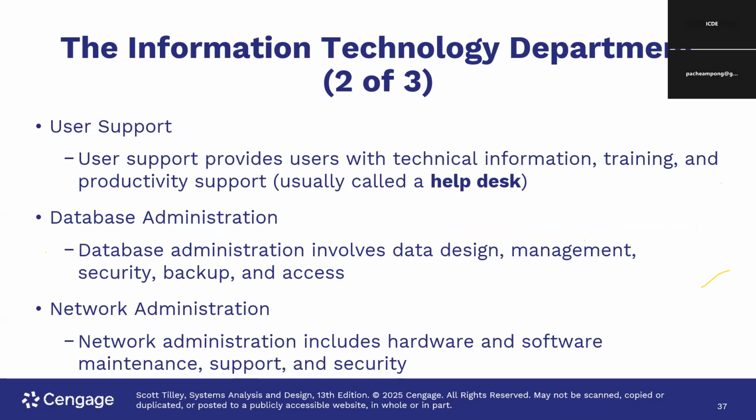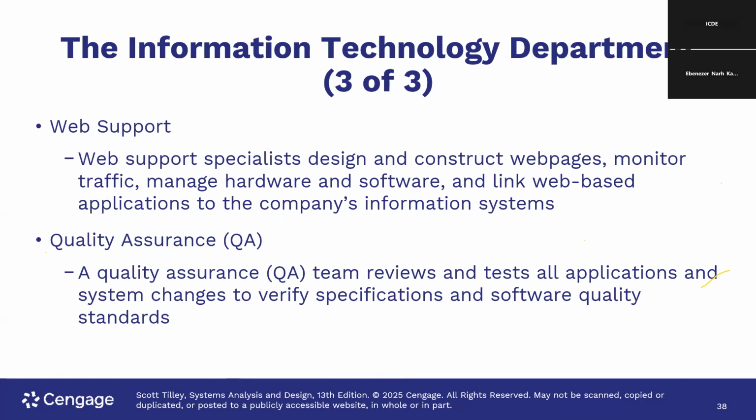We have the database administration. They do the data design, management, security, backup, and all of that. We have the network administration. All these are units under what? The IT department. We have the web support and then the quality assurance.